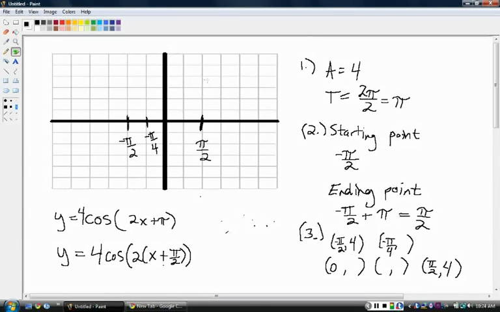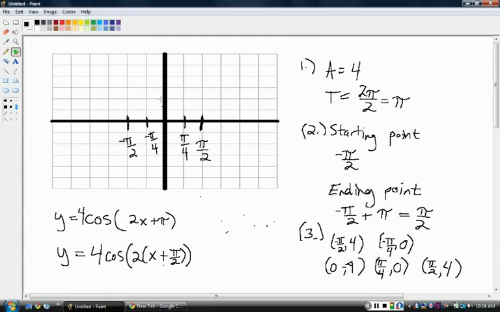And then add pi over 4 to that, well, that's easy: 0 plus pi over 4 is pi over 4. Okay. And it goes from 4, down to 0, down to negative 4, and then pops back up to 0, and then up to 4. Okay, so those are my 5 points.